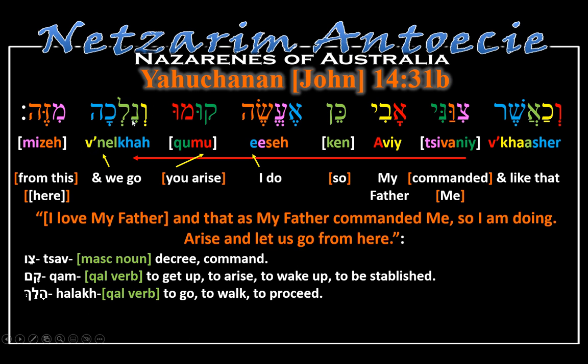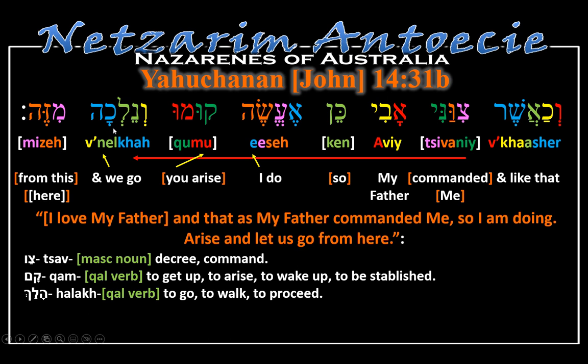Now, in this case, the nun is the pronoun, and it can be we. And laka comes from halak, right, with the hay dropped off, and it means to go. Sometimes they just say lek, and that's good enough to say go.